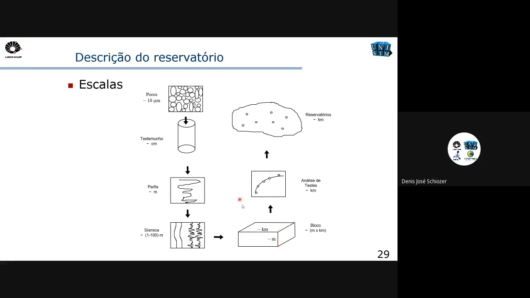We have information from well tests and so on that sometimes has one scale, information from seismic that has another scale. We have logs that have another scale and so on.